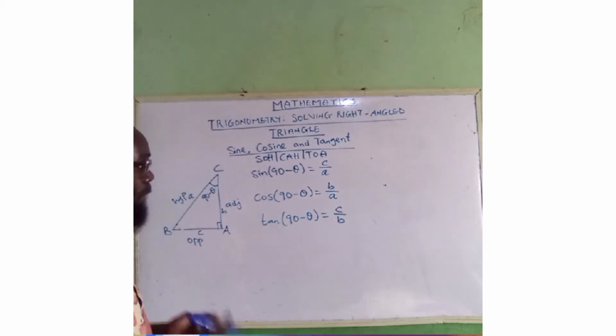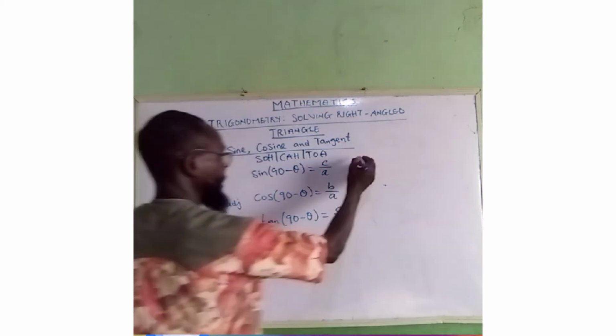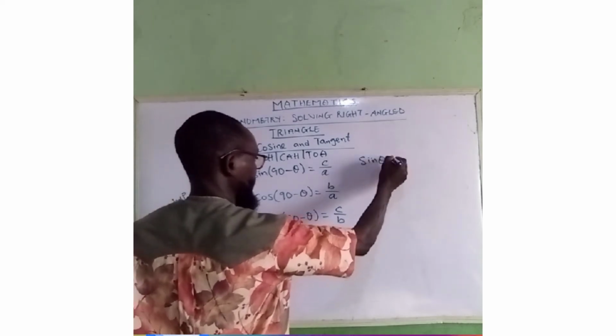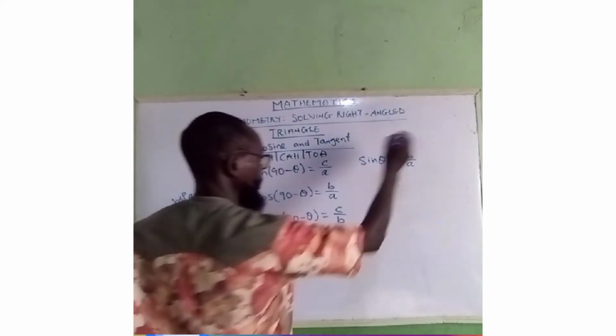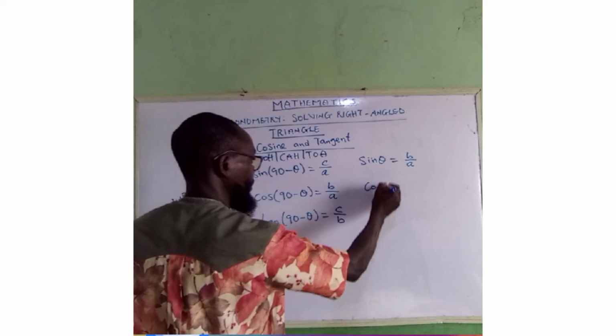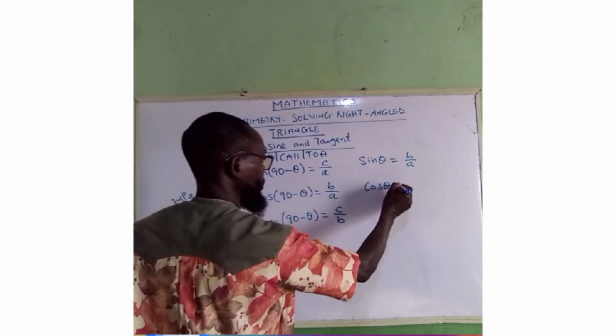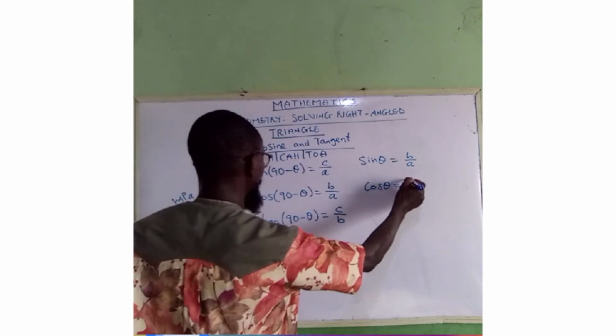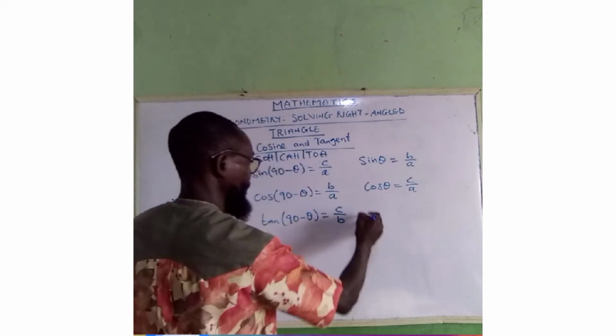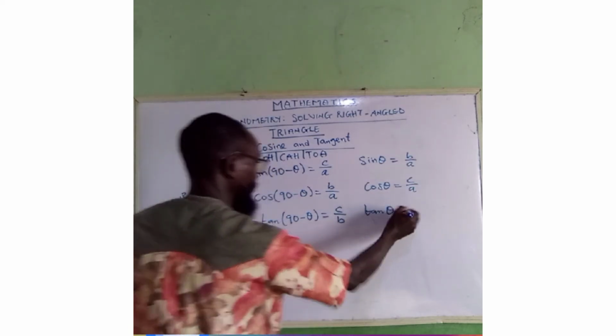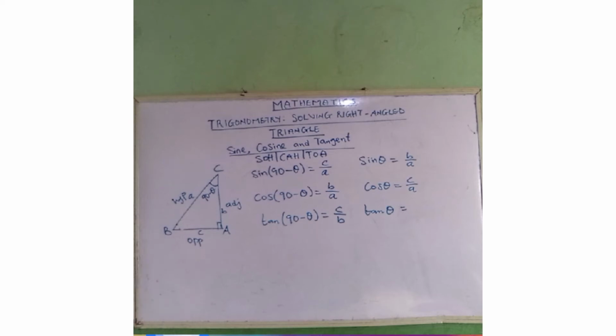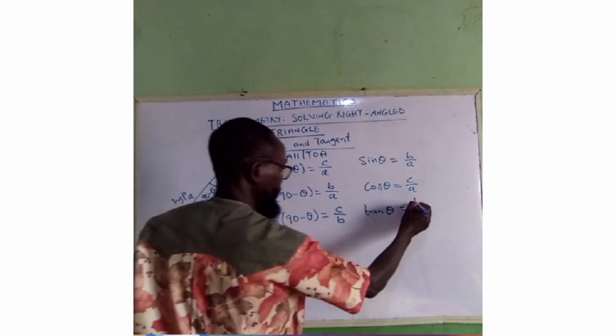Now, when we look at the first derivation, we can see that our sine theta equals to b over a, then cos theta equals to c over a, then our tan theta, from what we proved earlier, will be equals to b over c.